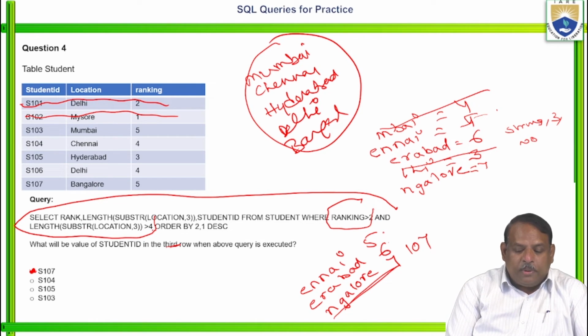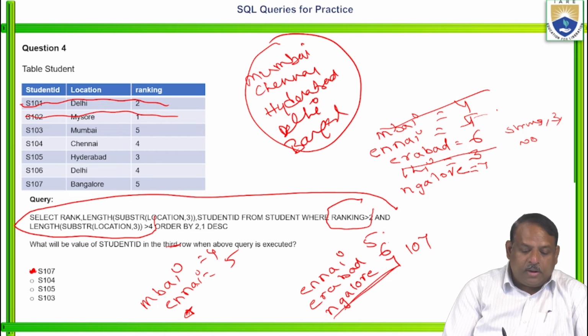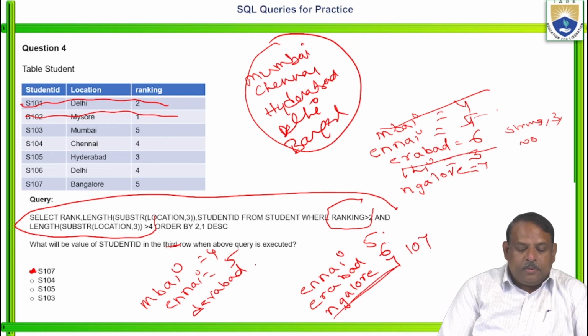When you apply this, Mumbai, starting at the third character, gives MBAI, which will be 4. Chennai gives ENNAI, which will be 5. Then Hyderabad will be 6. Sorry, you have to include the D also: DERABAD.